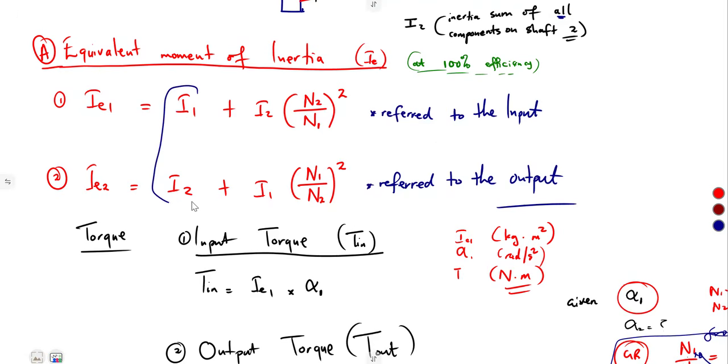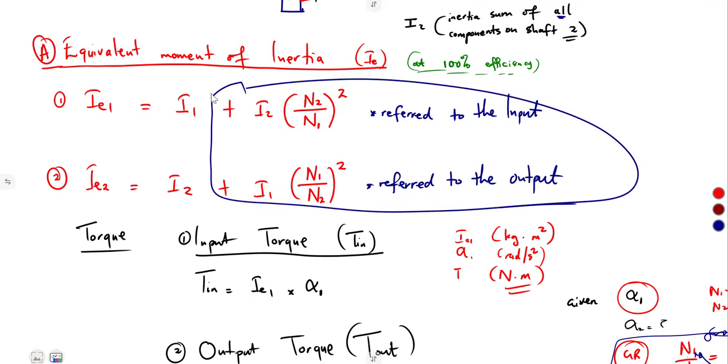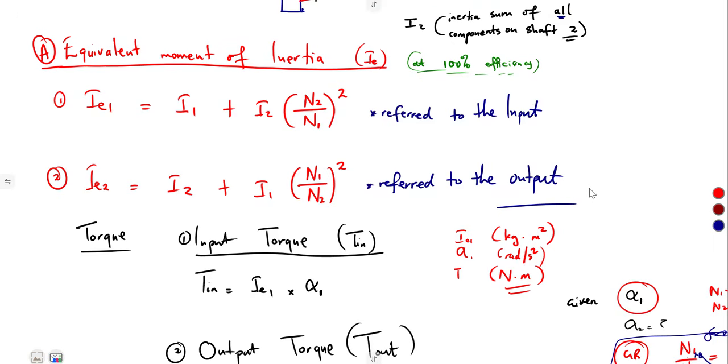It is like a reference point: from the input you start with that one, so no matter whatever you're going to have later on, there is no effect on this one. So you ignore that and move on to the second part, because there can be other formulas when you're dealing with a compound gear system. So you always start from the second one. That's where the effect happens on the efficiency.